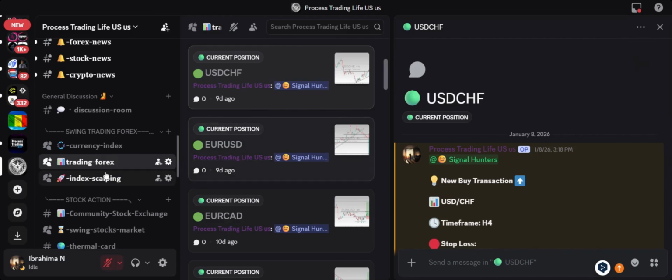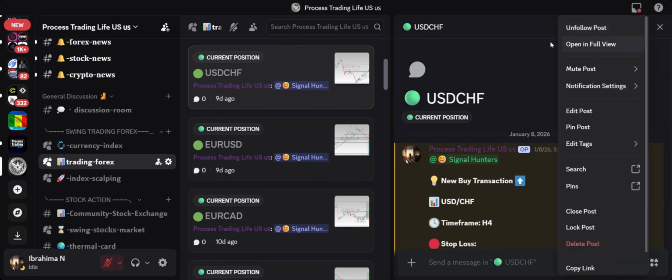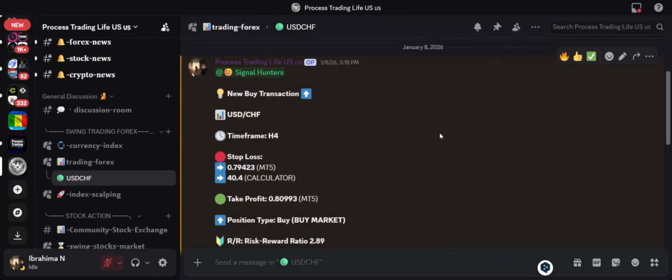So in the Forex trading channel here, we're on the USD CHF currency pair. My trading positions are sent like this. I notified the members: new buy transaction. Here we have the currency pair, the time frame, the stop loss that needs to be set in MT5 and in the position calculator to calculate the risk.